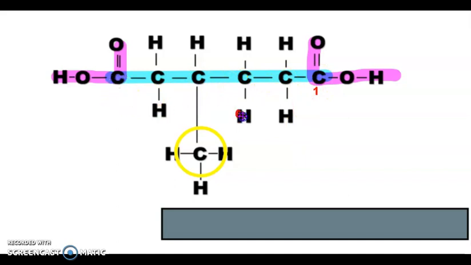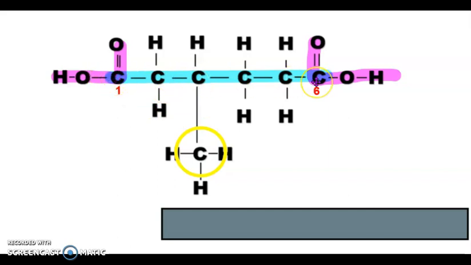If we did it the other way around, we made the left-hand side carbon 1 and the right-hand side carbon 6, then we would have the methyl group on the lowest address. And so that's the one we would go for. So on carbon 3, we have a methyl.